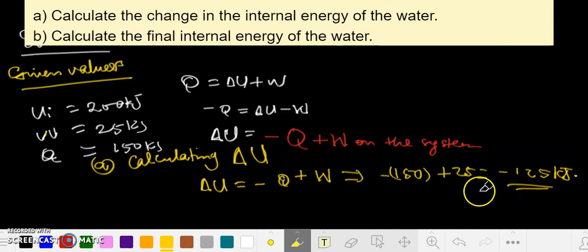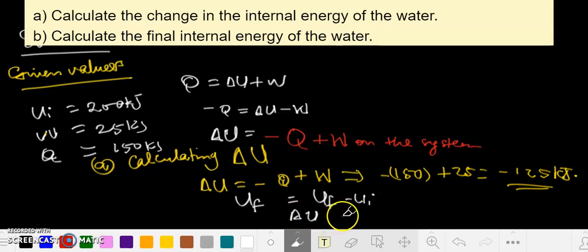If we calculate the final internal energy, that is U final, this will be given by the change, the final minus the initial. Of course, we know that the change in internal energy plus the initial will be equal to negative 125, which we got here, plus 200.